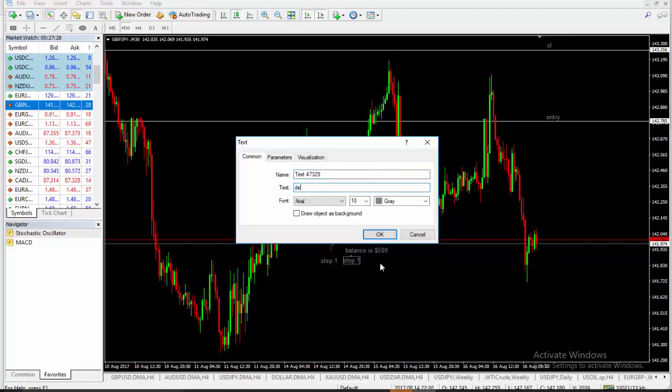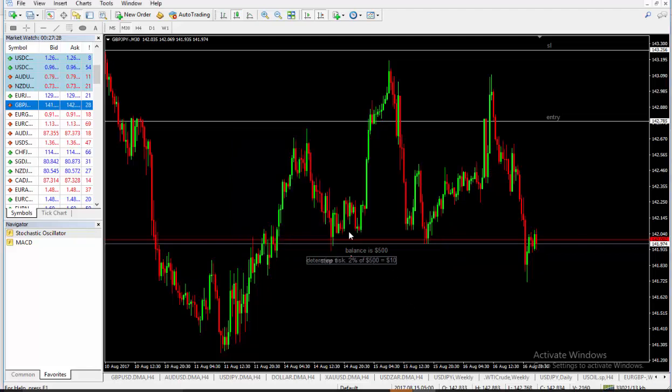Same thing every time. Now our risk is 2% of $500, which will equal exactly $10. Right, now we have our risk.